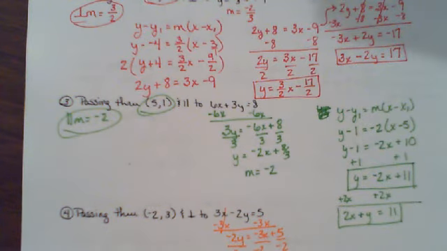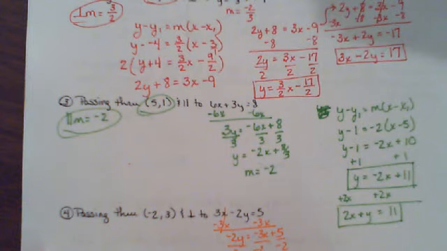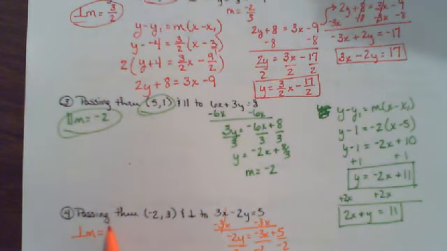I don't care what the number is because all I care about is my slope. So here my slope is 3 over 2. But we don't want 3 over 2. We want the perpendicular slope. So if this is positive, this one has to be negative. If this is 3 over 2, this one has to be flipped over, so it's got to be negative 2 over 3.